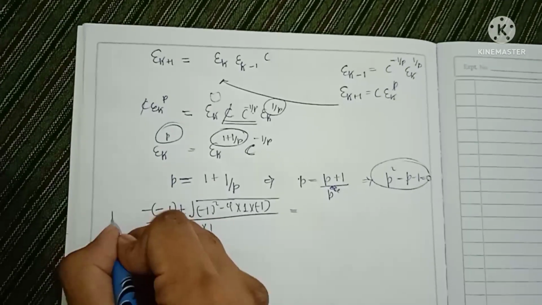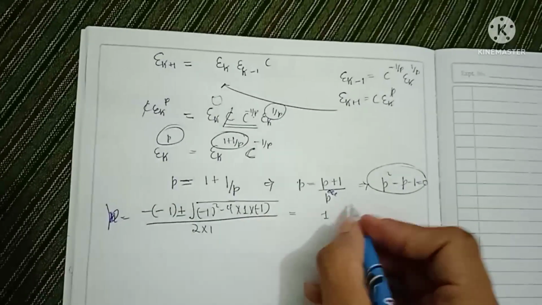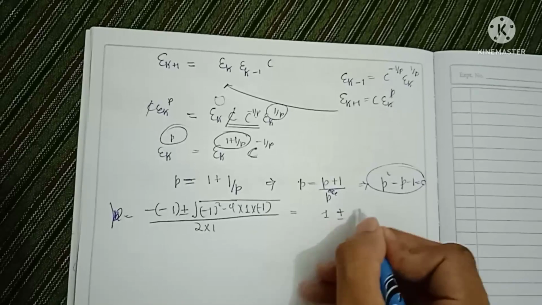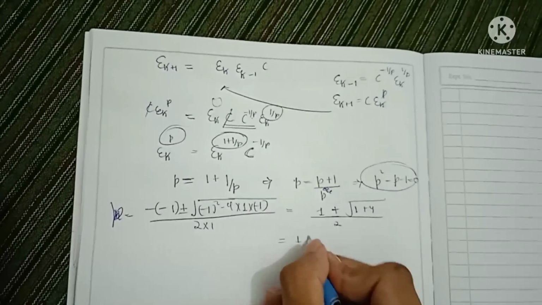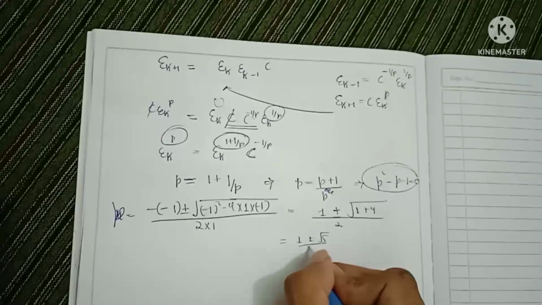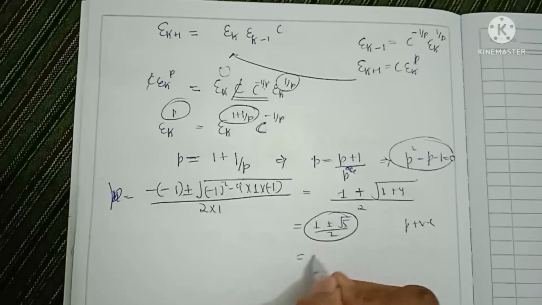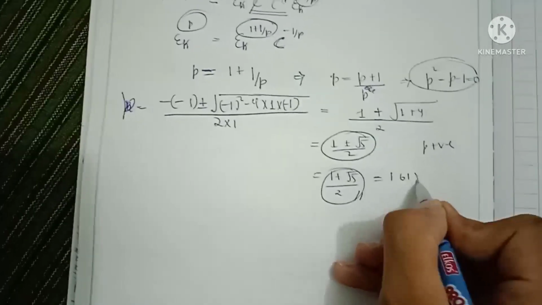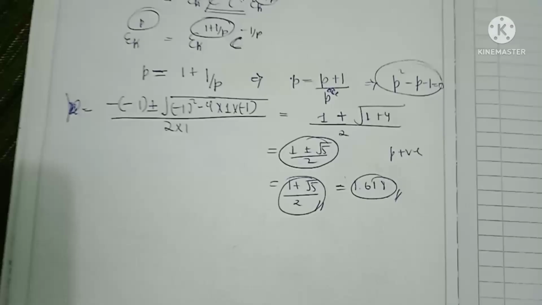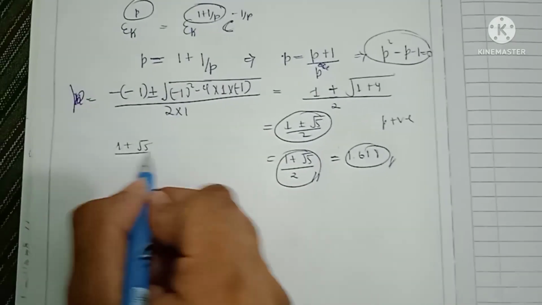So p is equal to 1 plus minus the square root of 1 + 4 upon 2, which is 1 plus minus root 5 upon 2. Now we have defined p to be positive, so we will take (1 + root 5)/2 and put this in the calculator. You would have 1.618. You simply have to learn this, 1.618, which is (1 + root 5)/2.